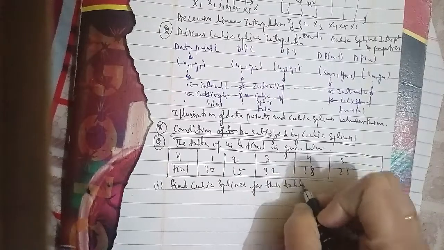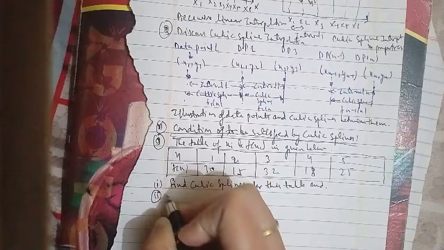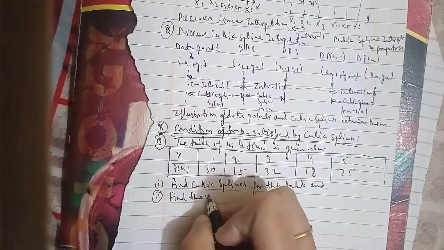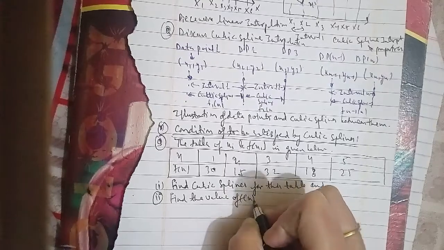There are two parts that we'll solve one by one, and they are important. First we'll solve part 1, which is the cubic spline for this table.